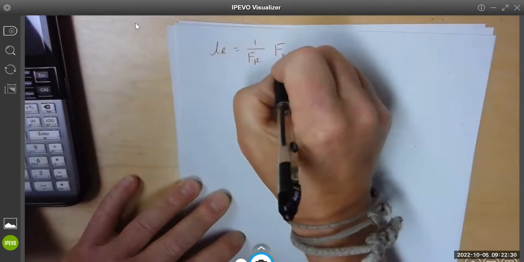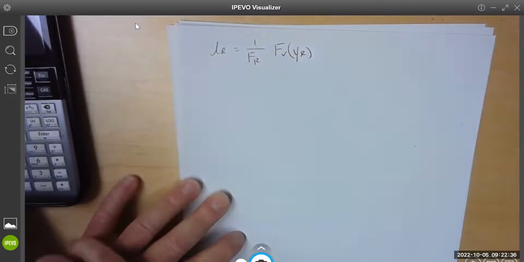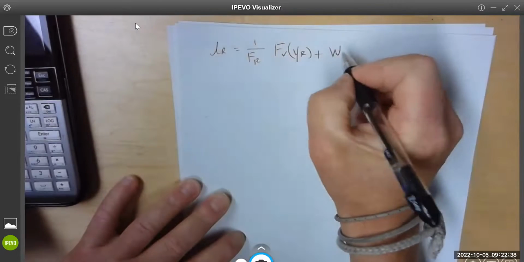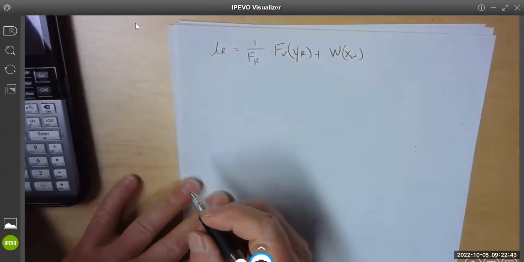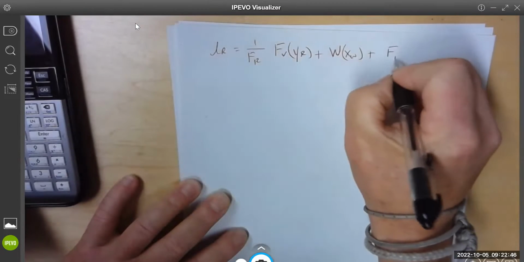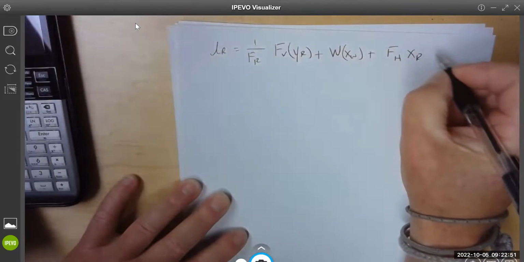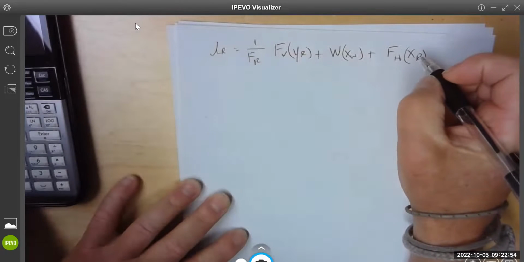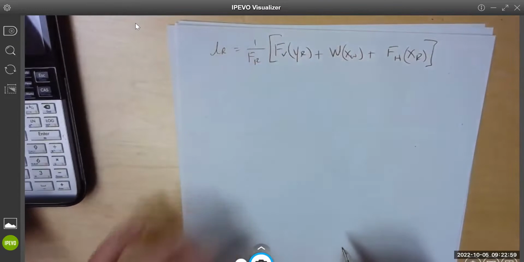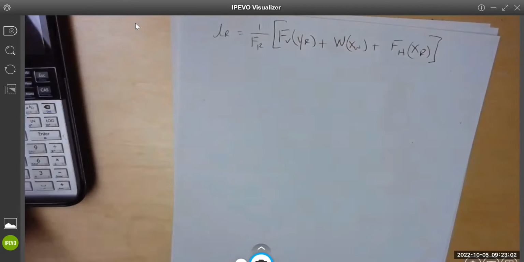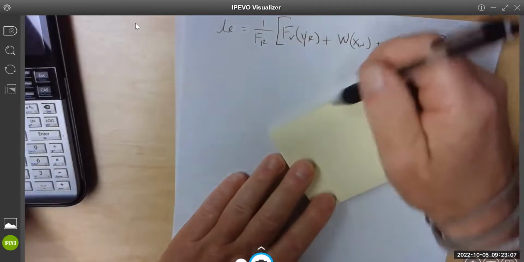F sub v, yr, plus this w thing times xw, plus fh xr, and that's in a bracket, and then there's a big bracket here.